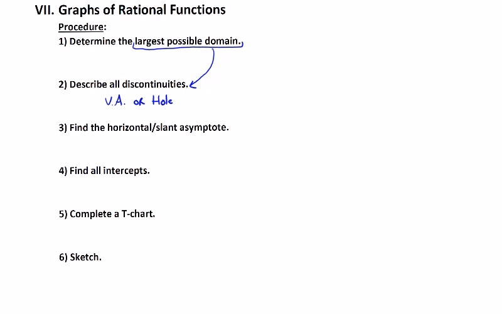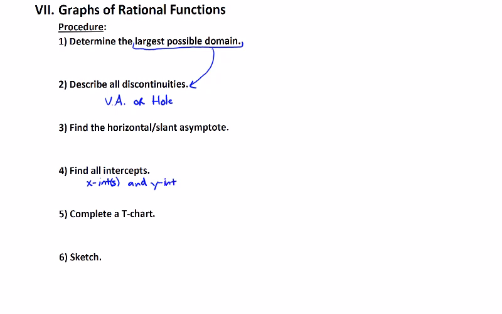Step number 4 is then going to recycle the ideas of x-intercept and y-intercept from polynomials, and really any other function that we've ever dealt with, we could always do that particular calculation. So this is going to be both x-intercepts, which could have more than one, and it's also going to include the y-intercept, if there is one for that.